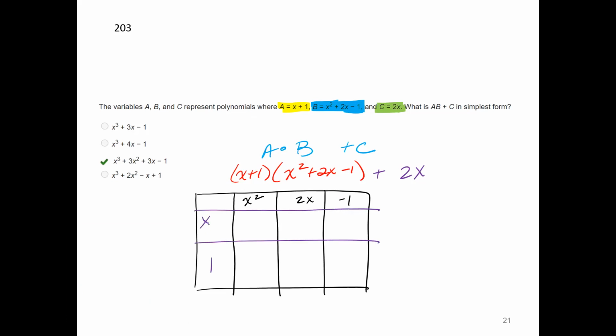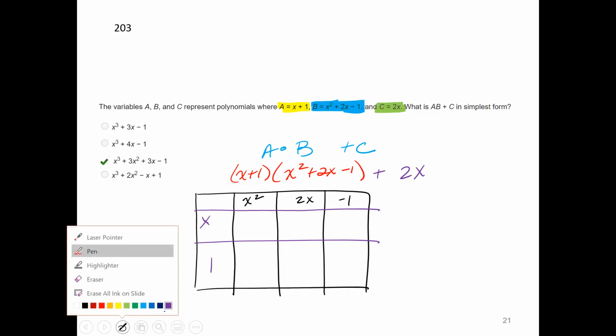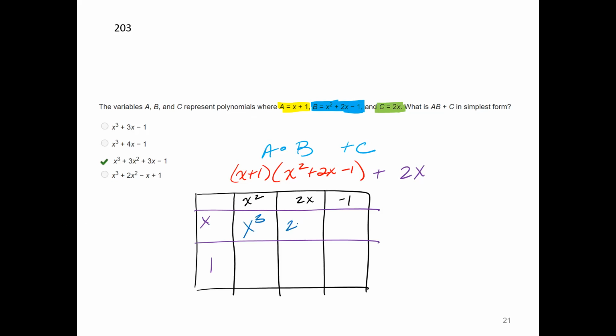And we're just going to fill out this box, you guys. All right, so when I fill out this box, x times x squared is x to the third, 2x squared, minus x. That's the first part.